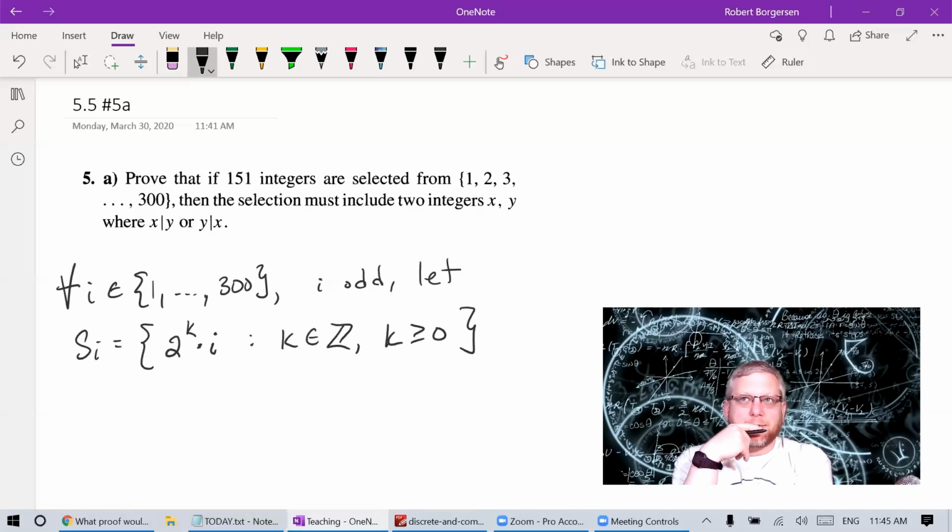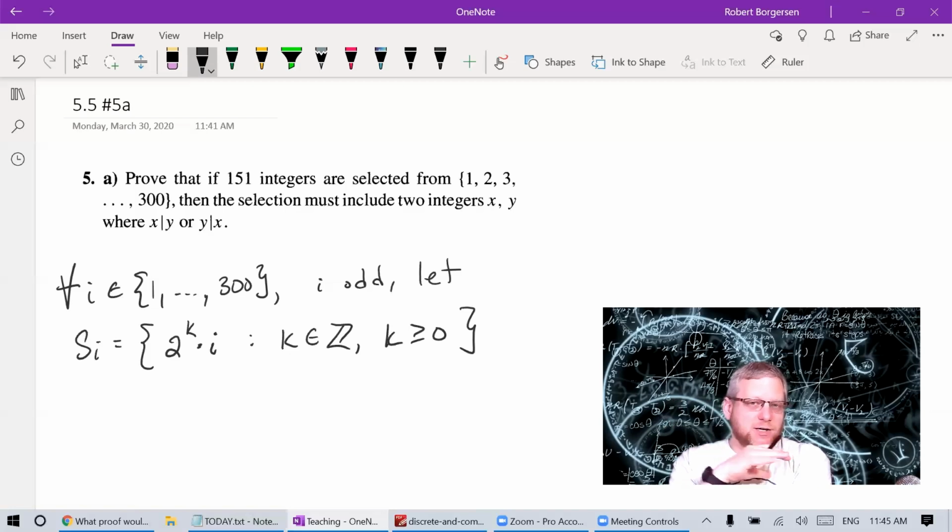What's another example? Let's pick one with a couple powers of 2. How about 24? 24 has got a power of 2 in it, right? So 24 has an 8 in it. So it has 3 2's in it, 2 to the power of 3 times 3. 8 times 3 is 24. And so the number 24 is in S3.